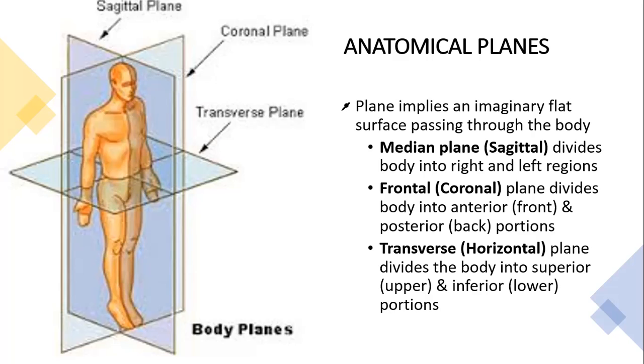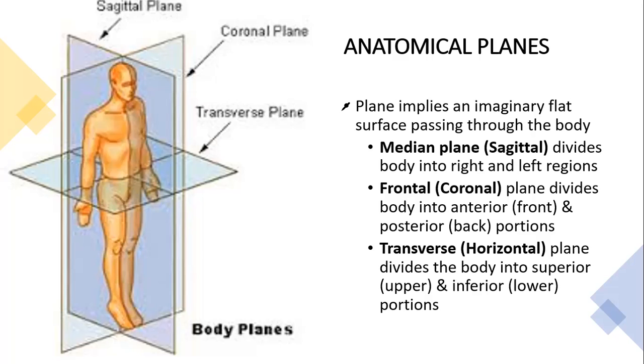Most of the rotations that we do go along the transverse or horizontal plane. So when we get to the movements a little bit later, we will talk about what plane these movements occur in.